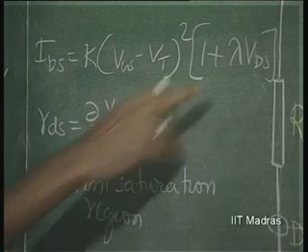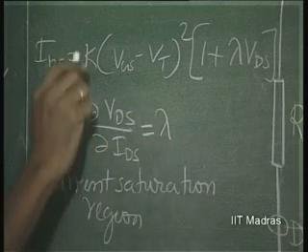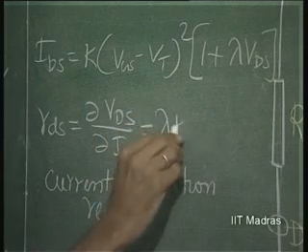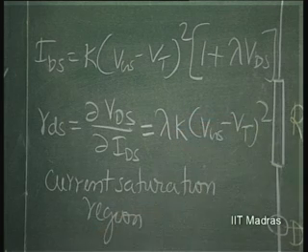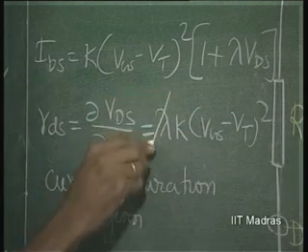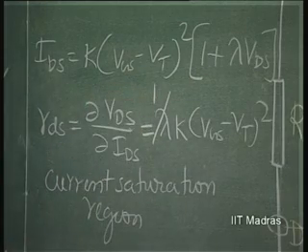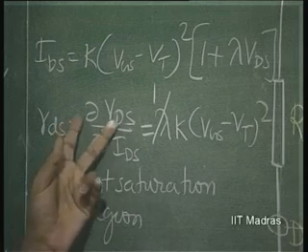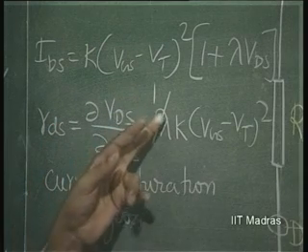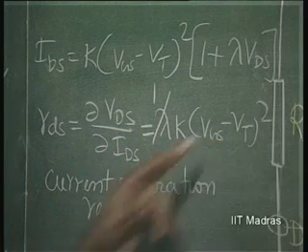This is lambda times k times VGS minus VT whole squared. Delta IDS by delta VDS is lambda times this. So, delta VDS by delta IDS is 1 over lambda into k into VGS minus VT whole squared.